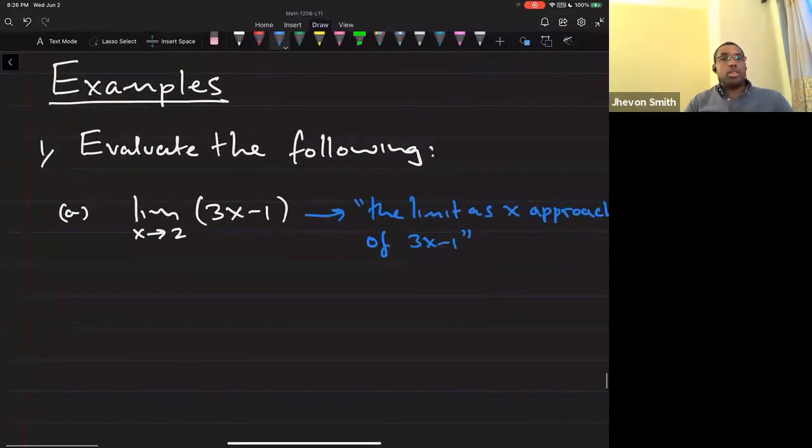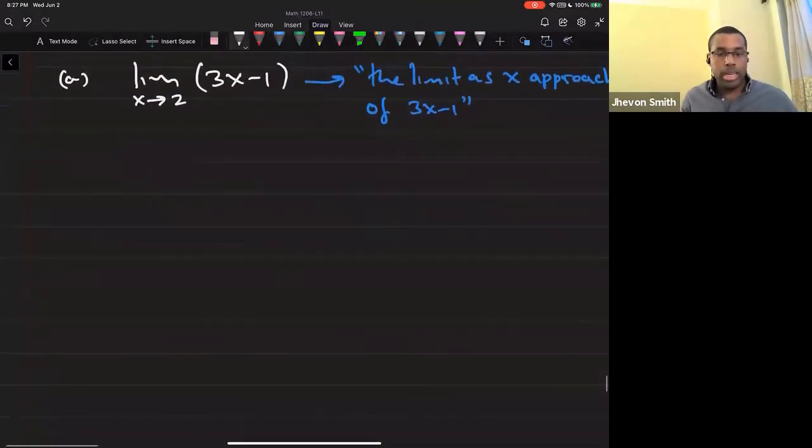So I want you to evaluate that. What is the limit as x approaches 2 of 3x minus 1? I'm going to slowly lead into this so you can get the idea of what we're doing.